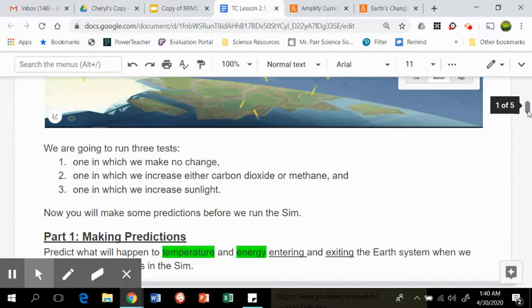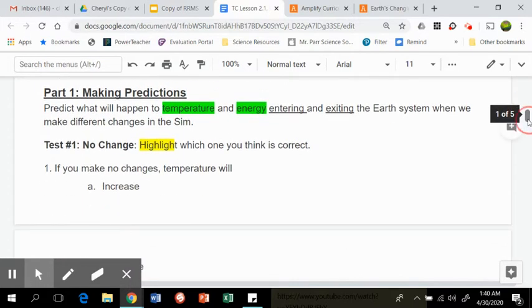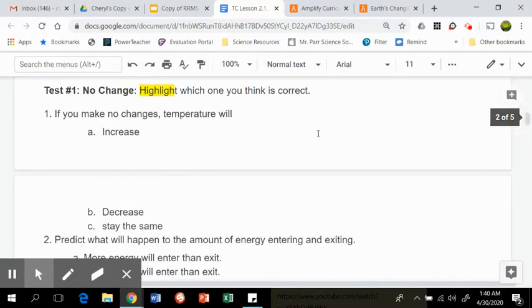Now, before we run the simulation, we're going to make some predictions. Predict what will happen to temperature and energy entering and exiting the Earth system when we make different changes to the SIM. So the first test is going to be no change. I want you to highlight which one you think is correct. Remember, to highlight, you first have to select text.